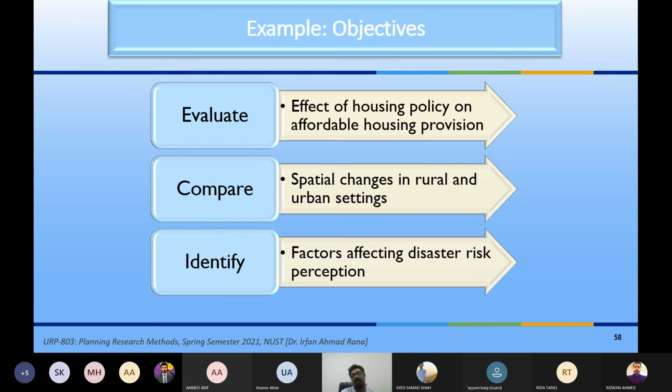Question: do spatial changes occur in rural and urban settings? Objective: to compare spatial changes in rural and urban settings. So a question converts into an objective using the word "to". To identify factors affecting disaster risk perception: the question would be, what are the factors affecting disaster risk perception? Questions and objectives go very close together.